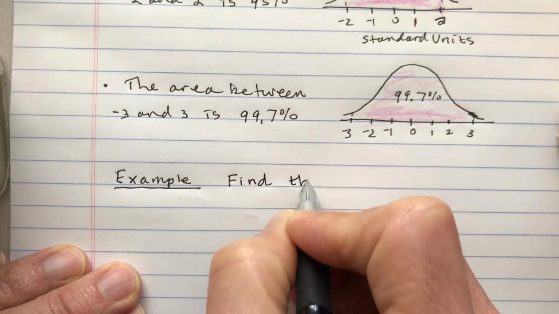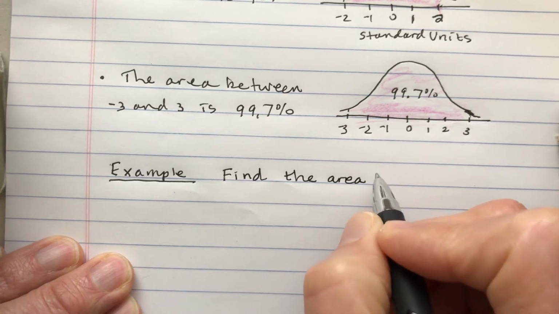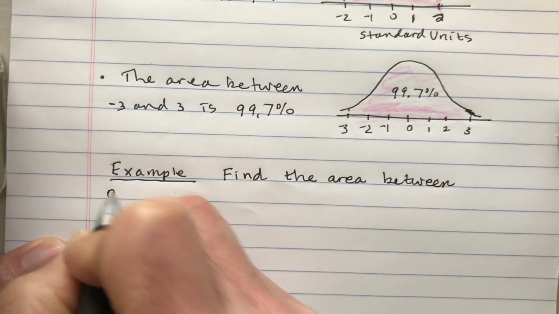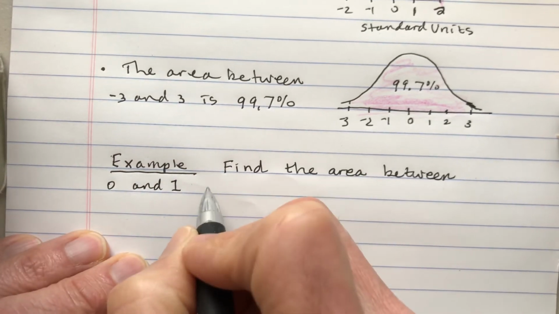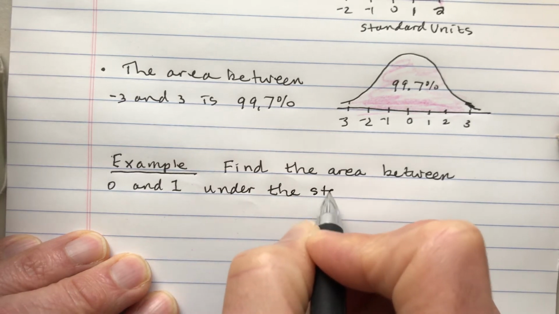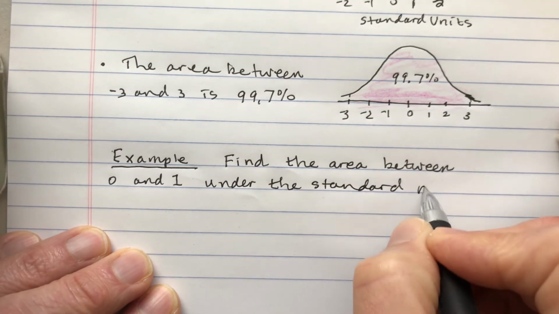Find the area between 0 and 1 under the standard normal curve.